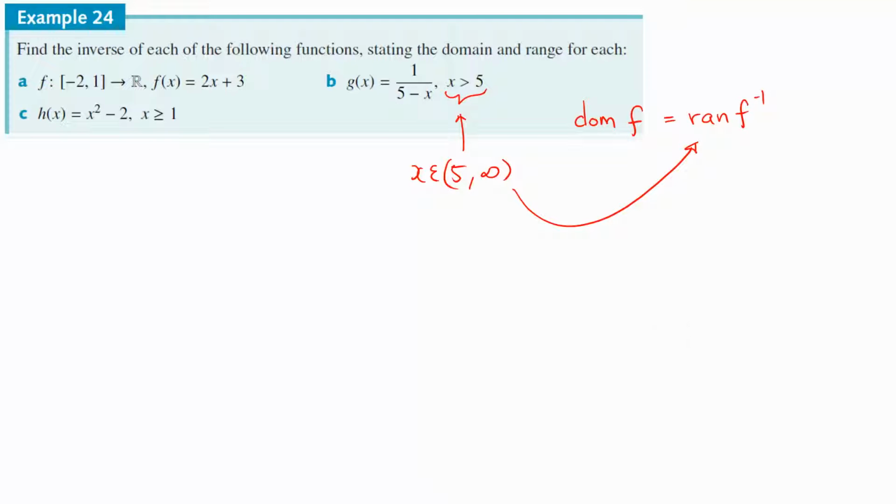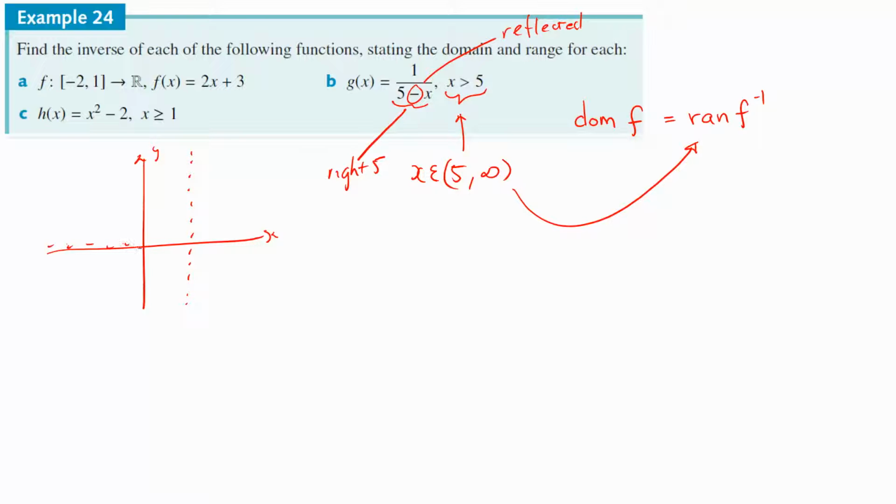Okay, so if you solve that, that's right by 5, and that negative tells me it's reflected in your y-axis. So therefore your graph of f of x should look like this. It's moved to the right by 5, and it hasn't moved up or down, so it's still at y equals 0, x equals 0. Notice I'm labeling my asymptotes.